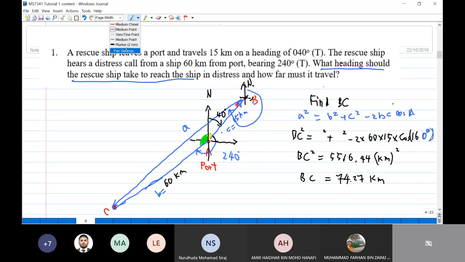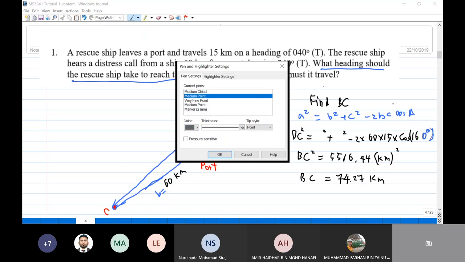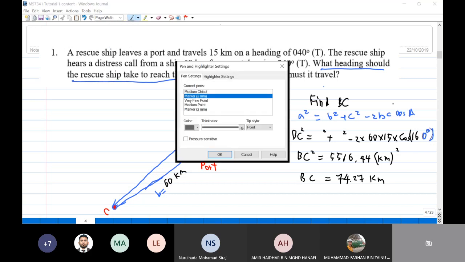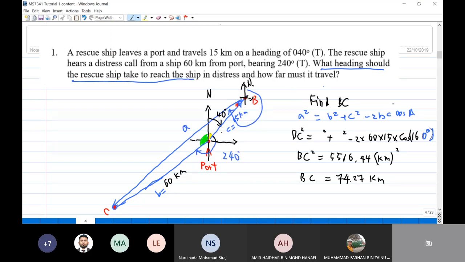I made my setting a bit thicker here. So B is actually 60, so I want to get thinner back. So B is 60 and C equals 15.